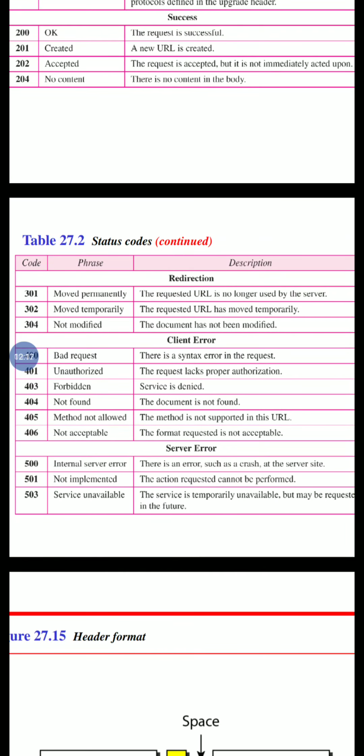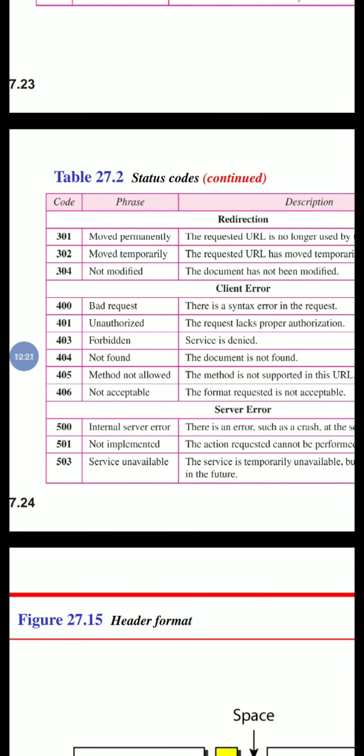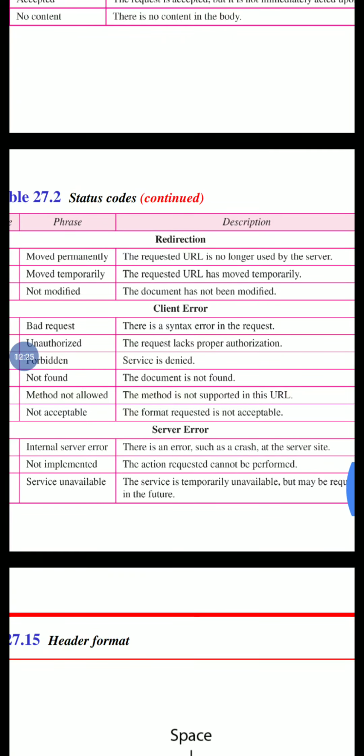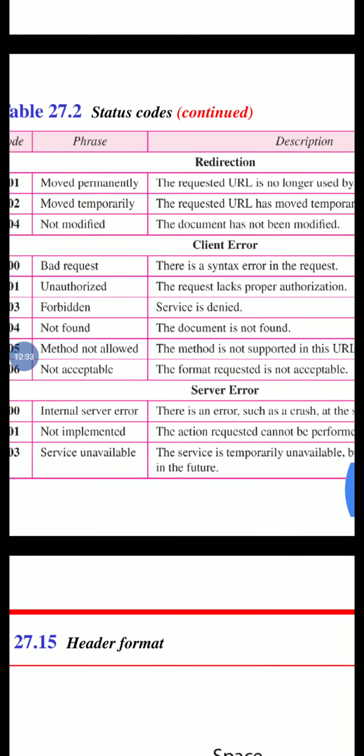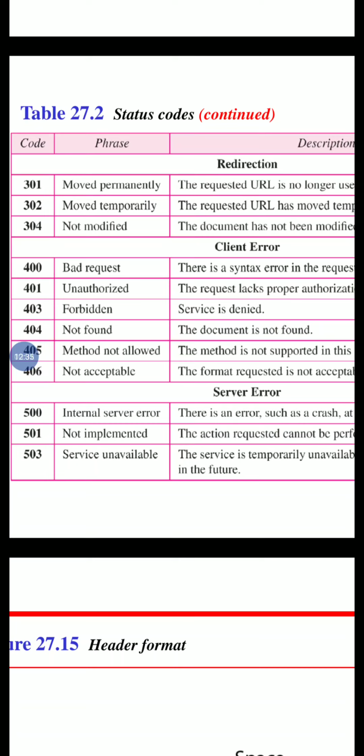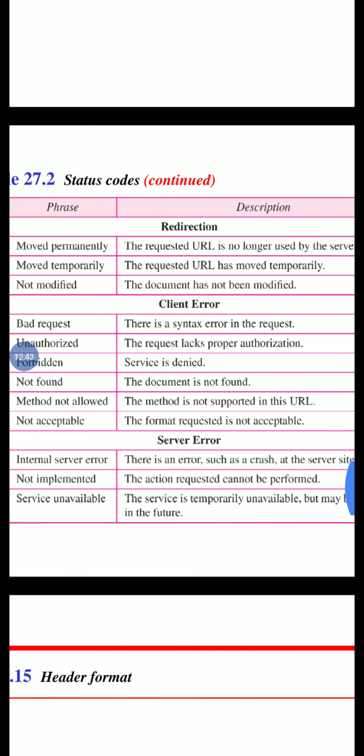Then server errors. In the server errors we will mostly find 3 codes. 500, Internal Server Error. So in that case, if there is an error at the server side, or maintenance is there, then we get such a type of error, 500. Then if the code is 501, Not Implemented, means what, the action requested cannot be performed.